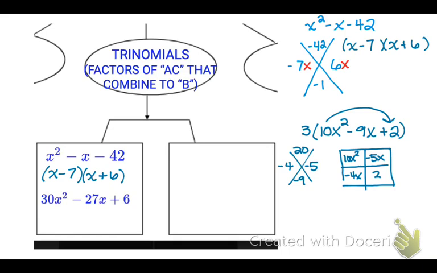The GCF of 10x squared and negative 4x is going to be a 2x. The GCF of negative 5x and 2 is 1. So if there's nothing larger, we still have to acknowledge that the GCF is 1. And then 10x squared and negative 5x, the GCF is going to be a 5x. And then the last row between negative 4x and 2, the GCF is a 2.